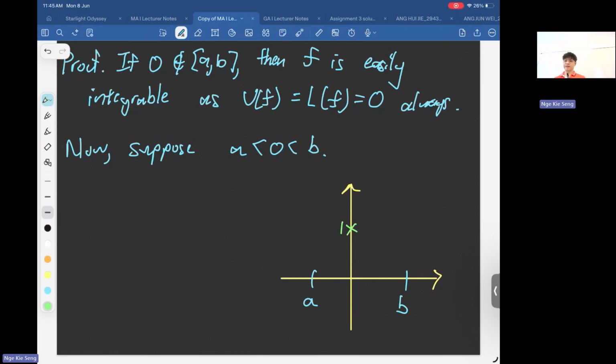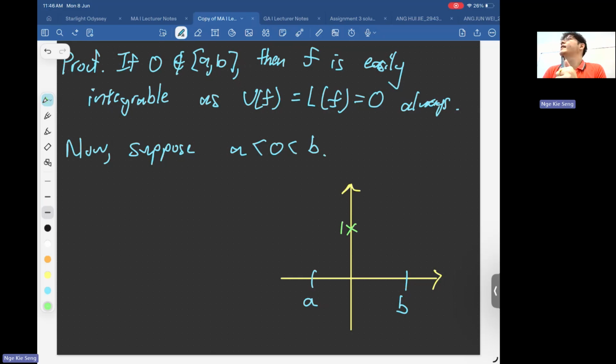What partition should you consider here? We want to create a partition such that U(f, P_epsilon) minus L(f, P_epsilon) is less than epsilon always.